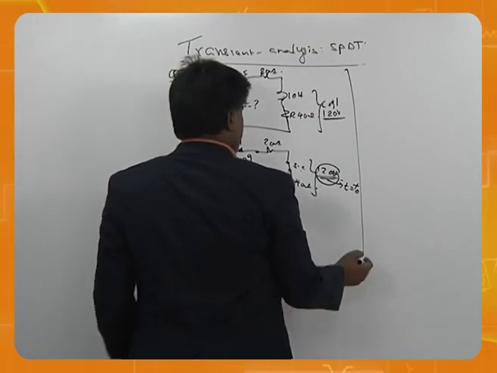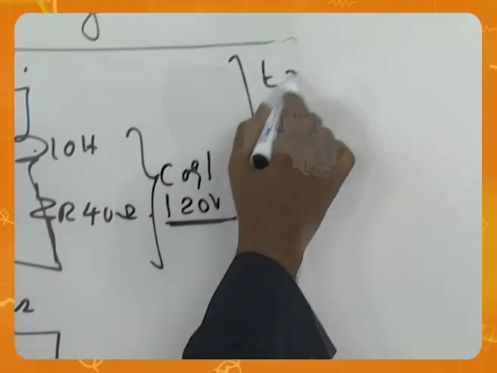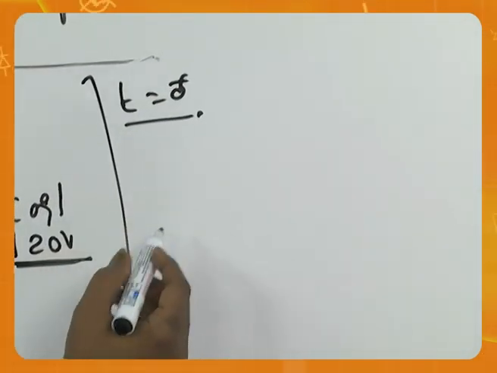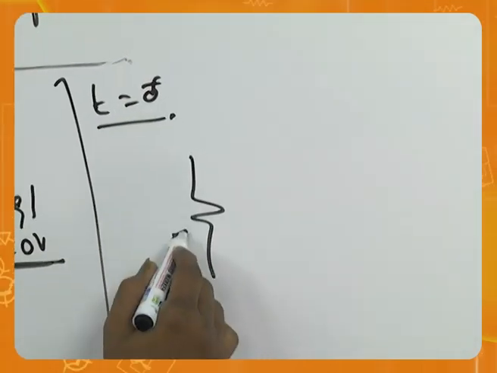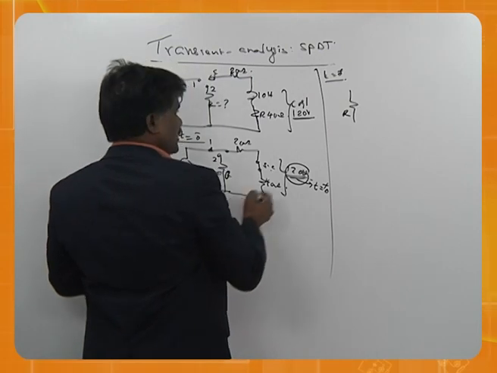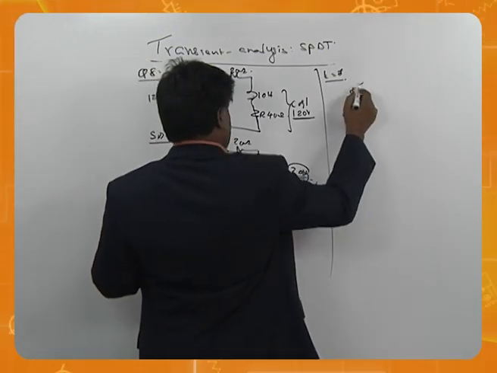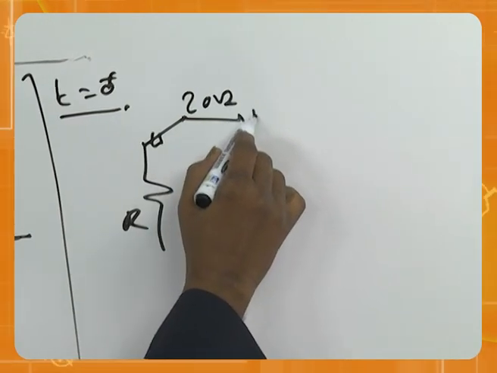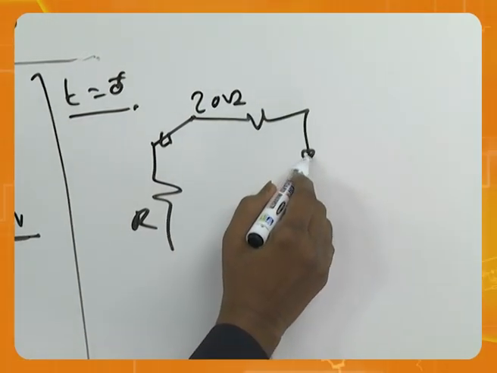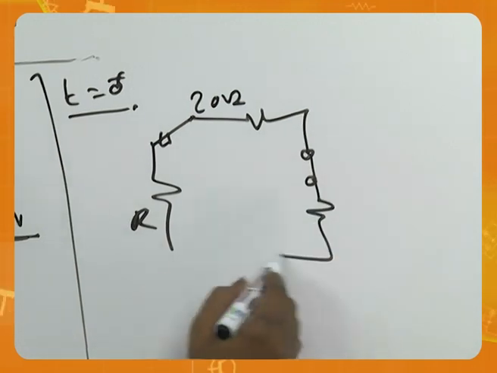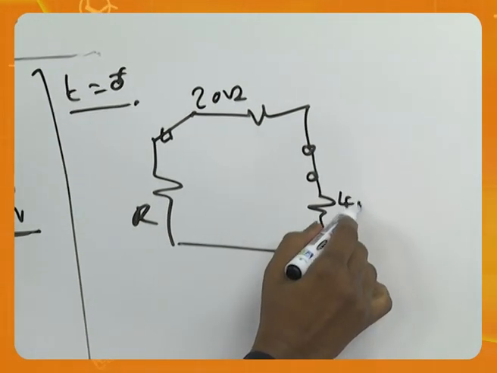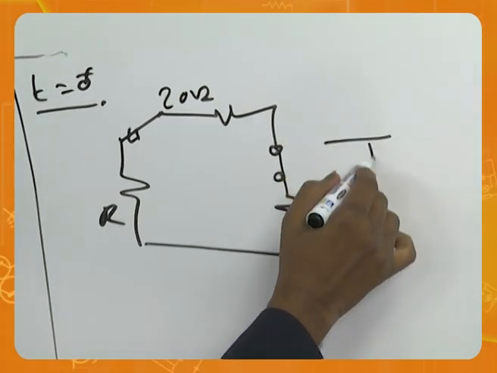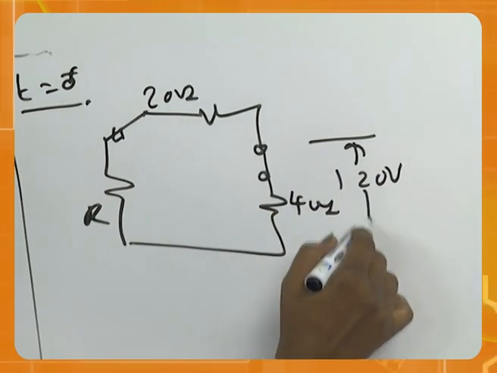Now at T0 plus, how is the circuit going to be? The circuit is going to be like this. R, 20 ohms there. This remains shorted. This is 120 volts.